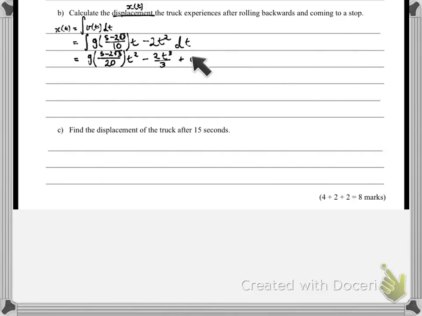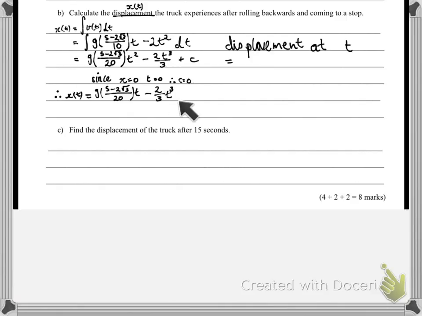There it is, plus c. Okay, now how do we work out the plus c? We've got to use our initial condition. That's when t is equal to 0, we have an initial position of 0, so that's the starting line. We work out that c is equal to 0. So there's our position function.